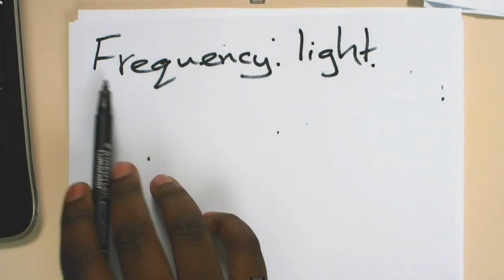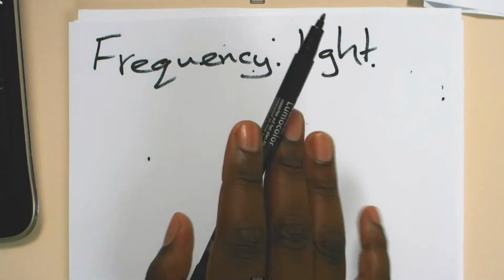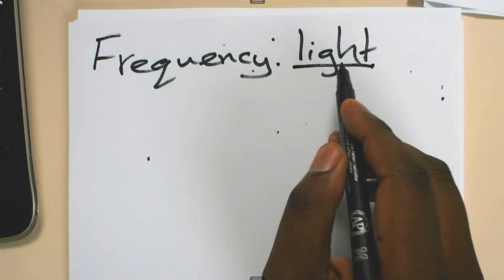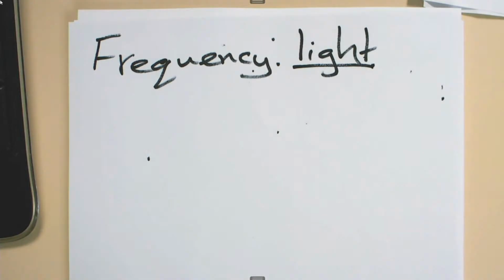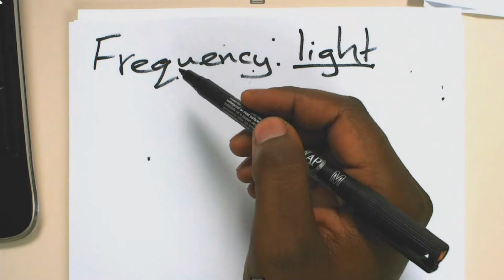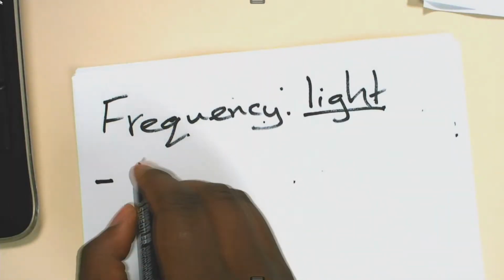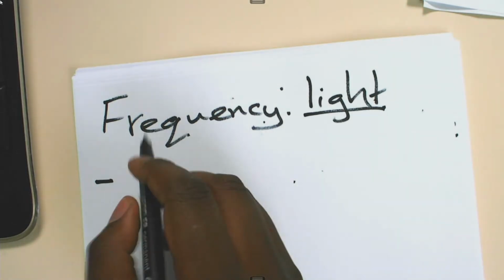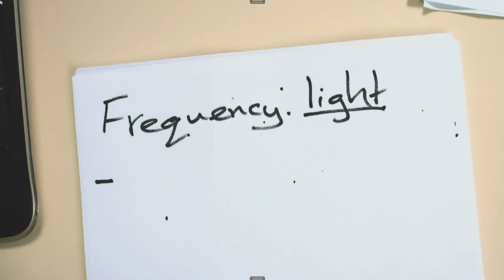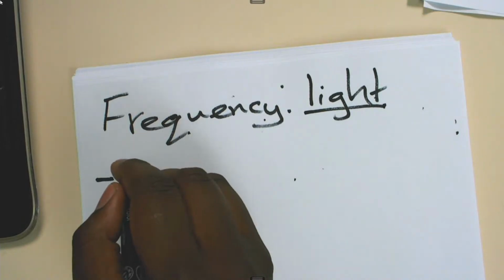The only way we can change the frequency is by changing the light. Meaning if you are moving from blue light to green light, then frequency will change. And if you move from light of a lower frequency to a light of a higher frequency, maybe from red light to blue light, then frequency will increase.